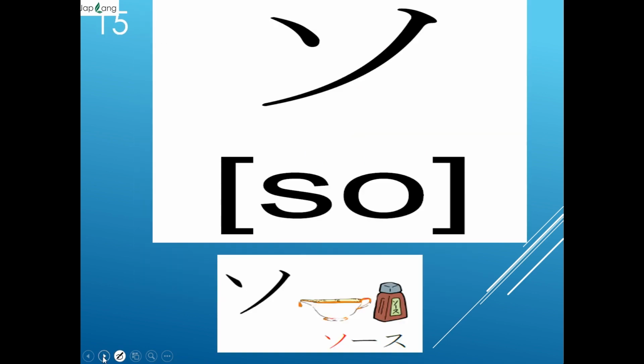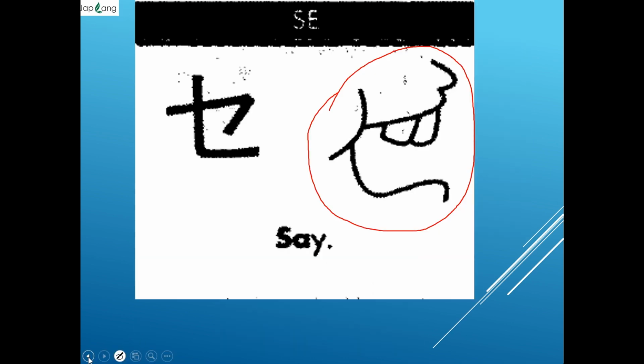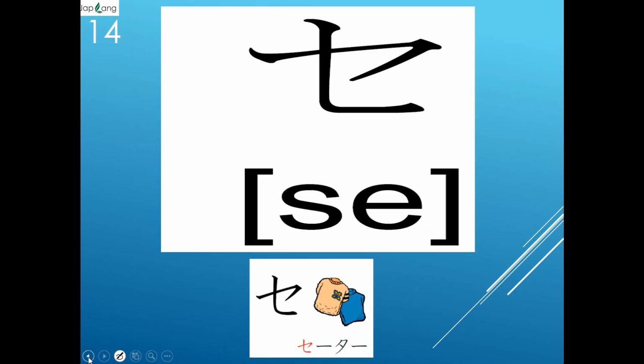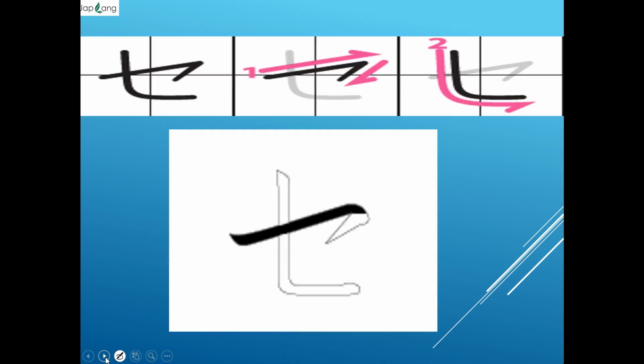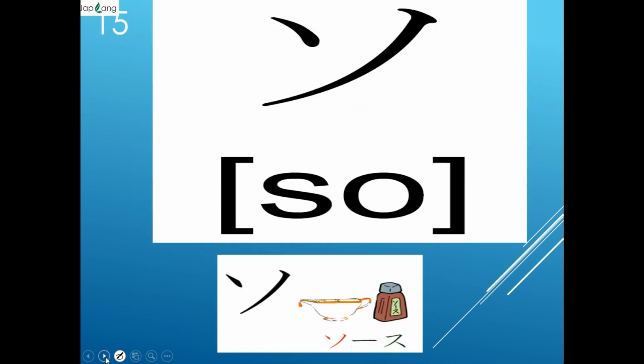The last letter of the sa group is so. So as in sauce, sosu. Don't get confused between shi and su. That is sa, su, se, and this is so.